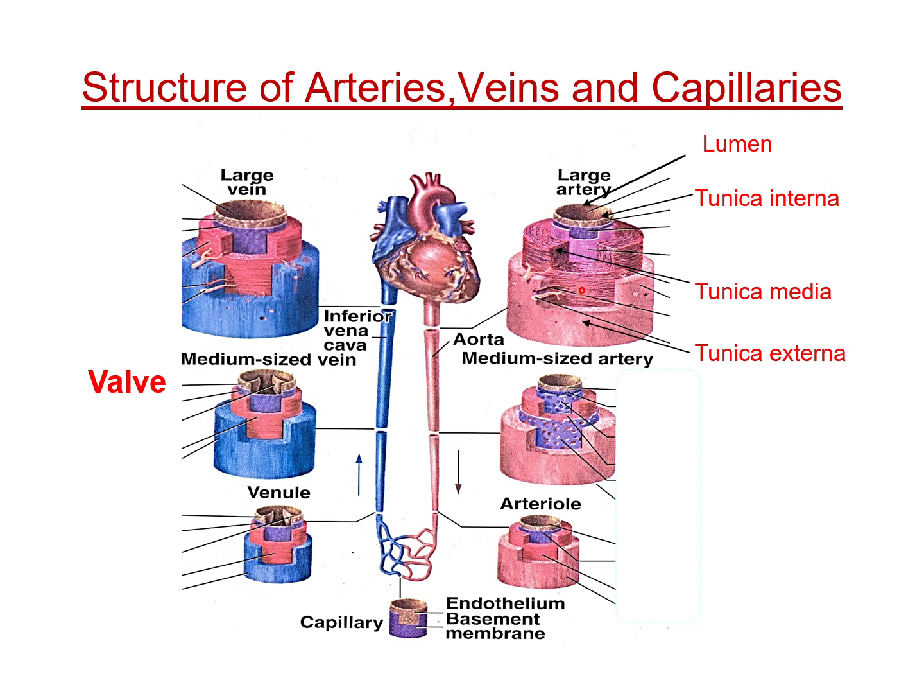Then we have a layer of smooth muscle, which can be sensitive to certain signals and hormones, particularly nitric oxide. That's called the tunica media. And then in a large artery, like an aorta or a major vessel, you have what's called a tunica externa, which is elastic connective tissue.